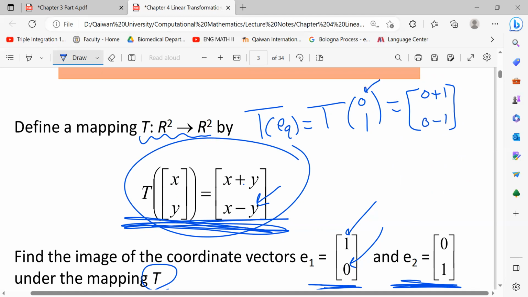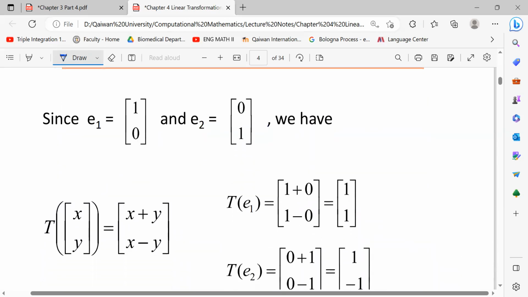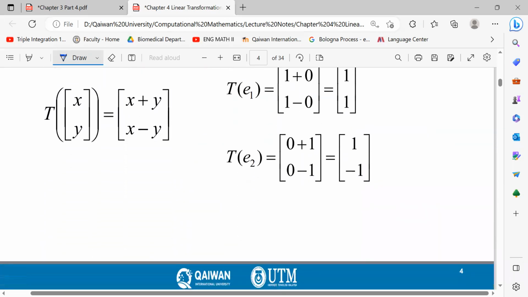As you see, it is x minus y, above minus below. So the sum of 0 and 1 is 1, and the difference of 0 and 1 is negative 1. That's it. This is the image of E2. This is how to use the definition for finding those two images.